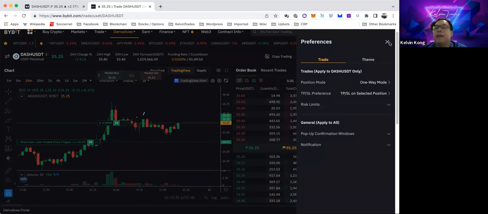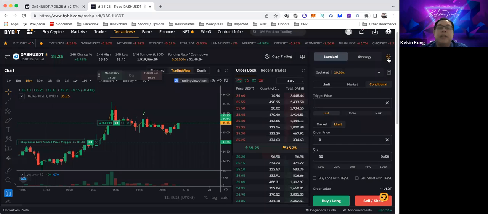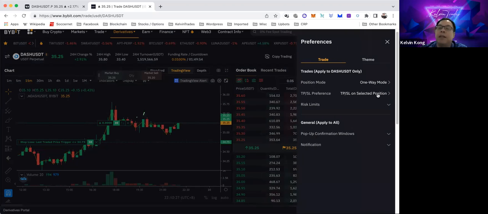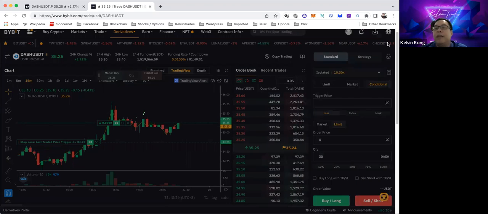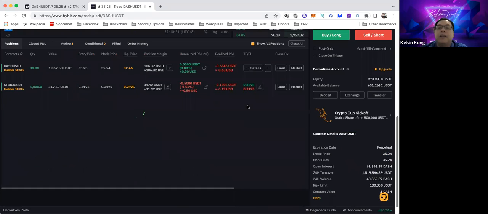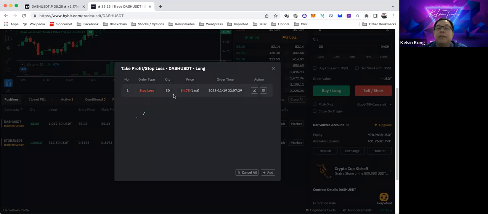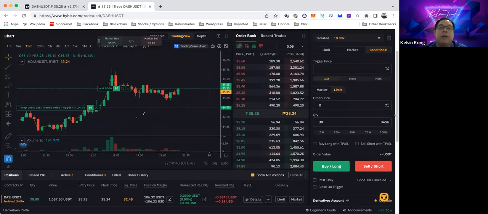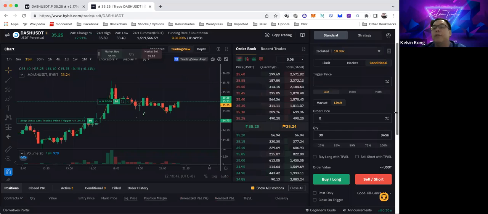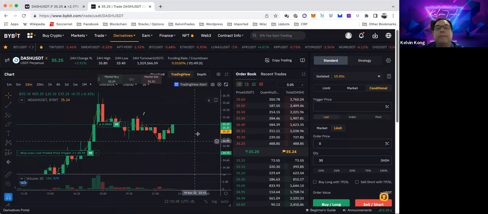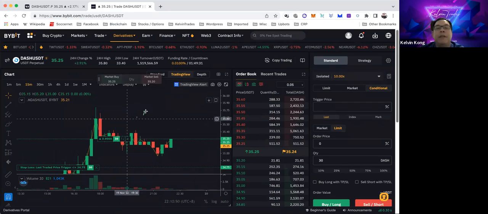So that's why I said, guys, unfortunately, you've got to remember to set one-way mode and selected position. It's okay. Anyway, like I said, this is a market order. You can always cancel it and then set a limit order, which is what I'm going to teach you all to do. So let's set take profit first.